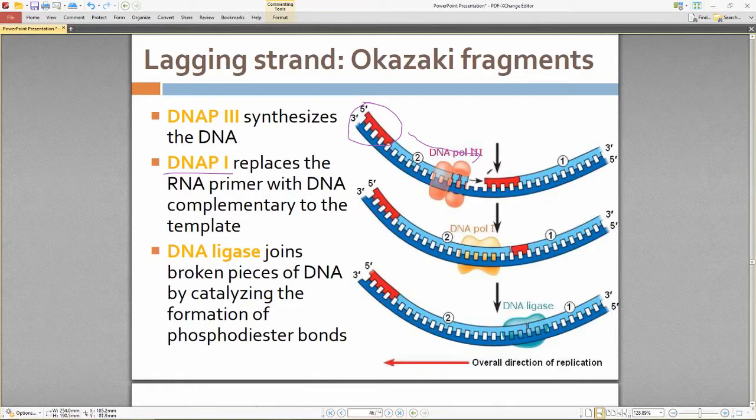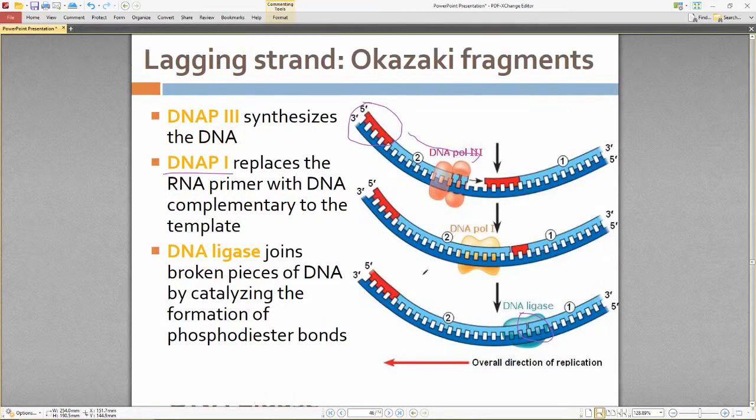So for this example, DNAP1 would touch down here, go along, and stop right here, as you can see. And then there's the last step: ligase has to come and join this gap. Do you guys understand what's going on? Any questions yet?